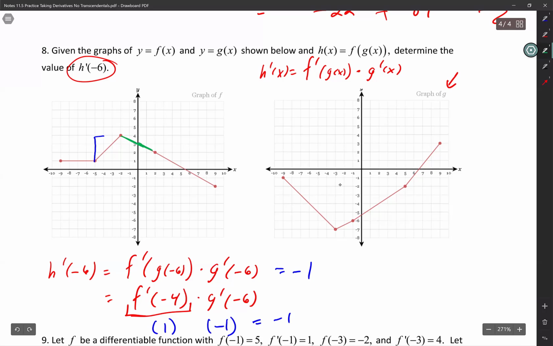Okay. This line in green, it looks like it has the same slope as that line in blue, but it does not. If you look at it very carefully, the slope changes ever so slightly. So the only thing you can trust are these points. So let's see, 1, 2, 1, 2, 3, 4. So that slope is a negative half. Let's see, 1, 2, 3, 4. I bet that's going to be really close to half. 1, 2, 3, 4, 5, 6, 7.